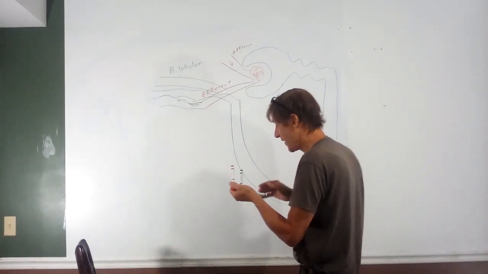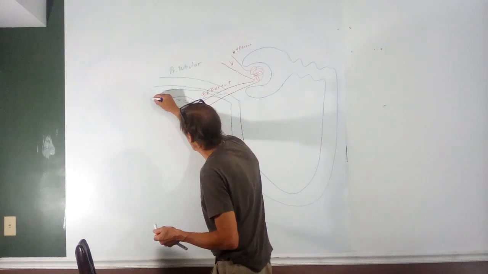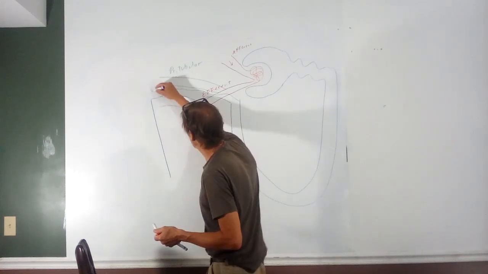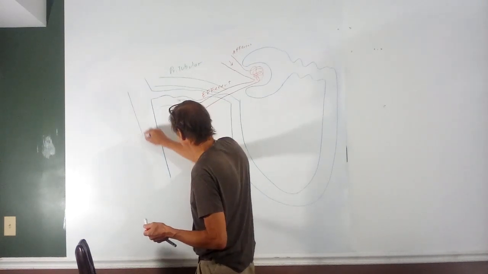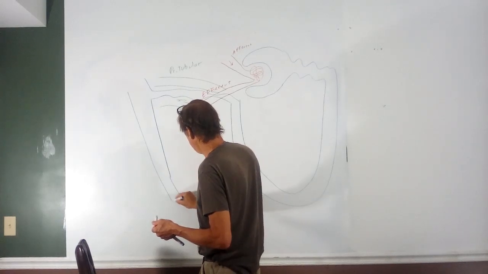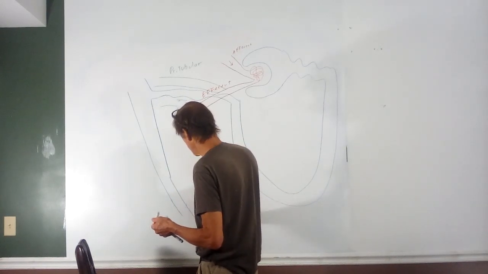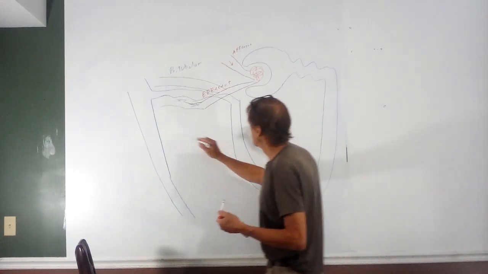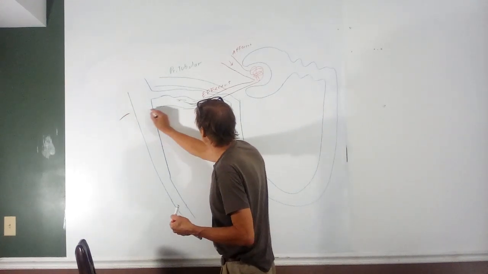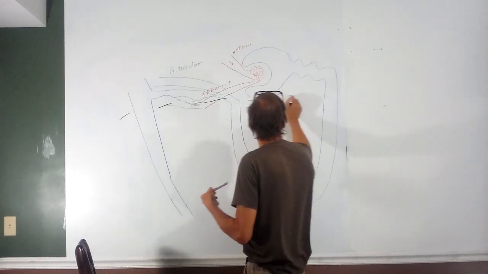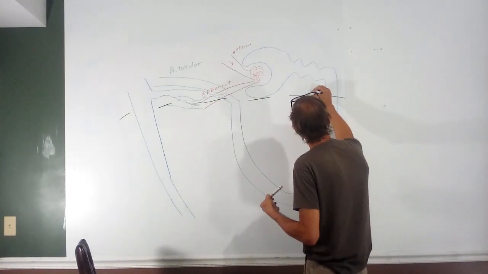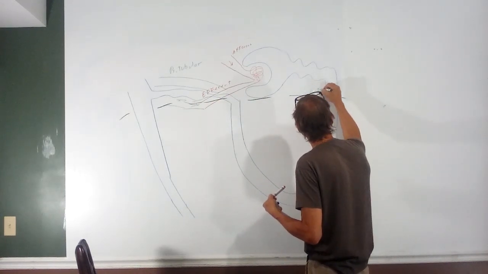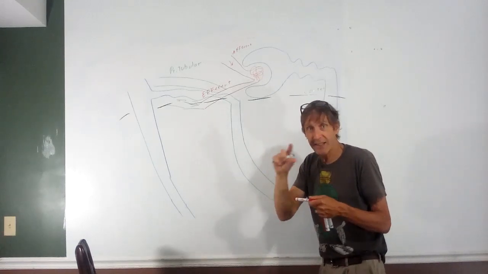Now, the parts of the nephron. Let me go over them first and kind of show you their location. And then we'll go through the function. First of all, where these nephrons are located. Right about here. I'll put a little dotted black line here. This is kind of the junction between the cortex of the kidney. Remember, the cortex is that outer layer.